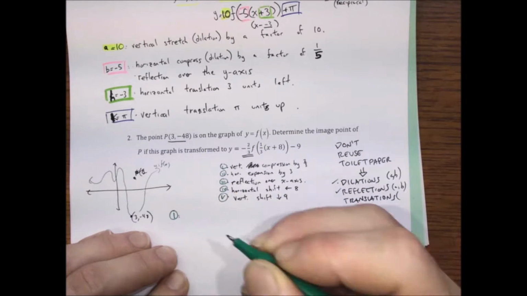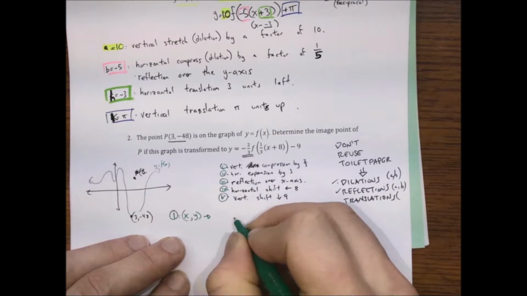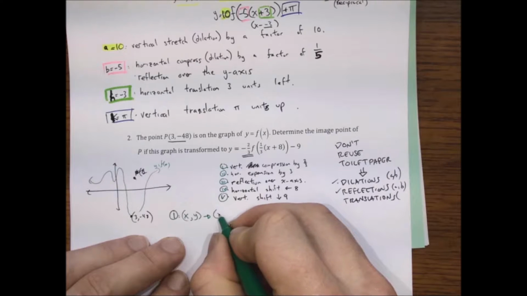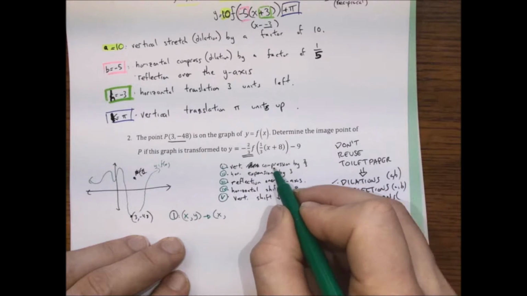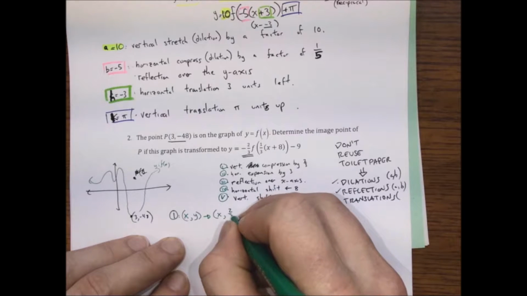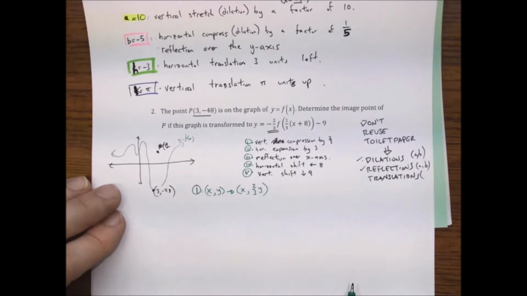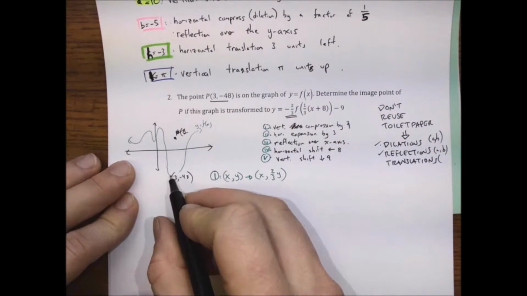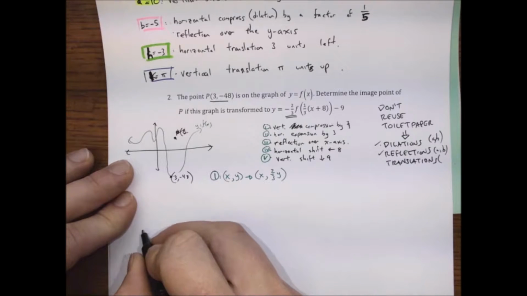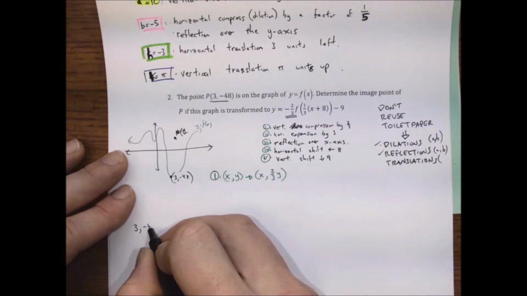So 1, well that takes my point x, y, and shifts it to the value x, and then instead of y, it's going to be compressed by 2/3, so I'm going to get 2/3 of y. So that's going to be my first transformation. All right. So that's going to happen to this point just like it's going to happen to all my points. So I start with the point 3, -48.